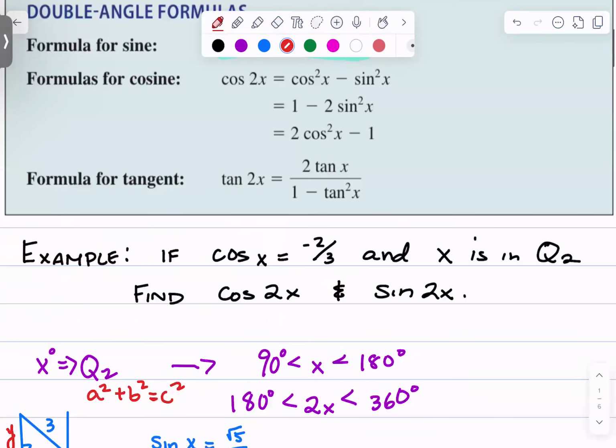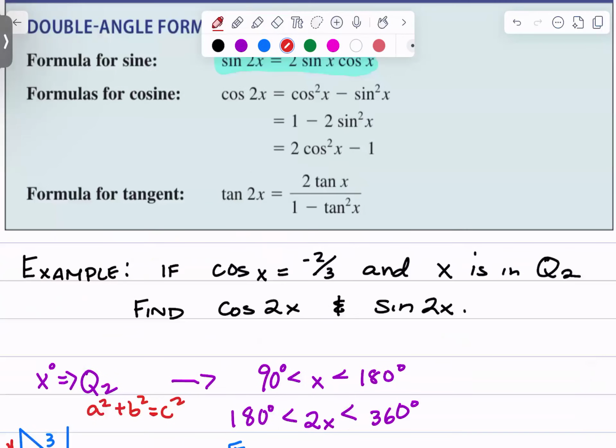So we've got to find the double angle formula for cosine as well. And with cosine, there's three of them, right? There's cosine squared minus sine squared, there's 1 minus 2 sine squared, and then 2 cosine squared minus 1. We can use whatever one we want.